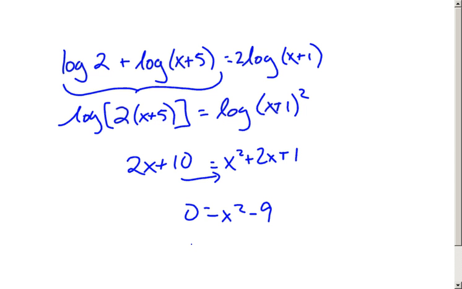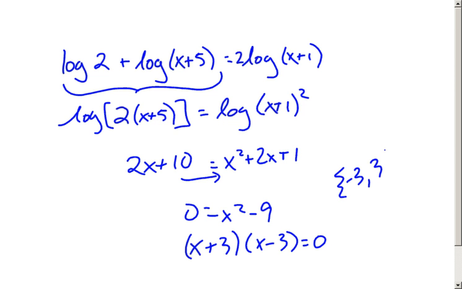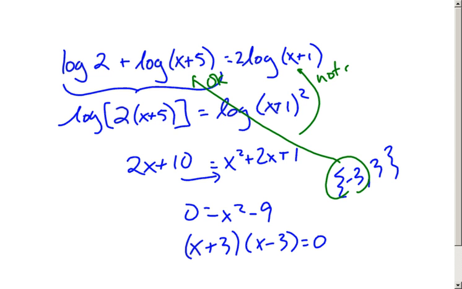And so you're going to get x plus 3, x minus 3 equals 0. So your two possible answers are going to be negative 3 and 3. Positive 3 works in both of them. Negative 3 works here, that's okay. But it's not okay here, so that means that that's going to go away. So my only answer is going to be 3.